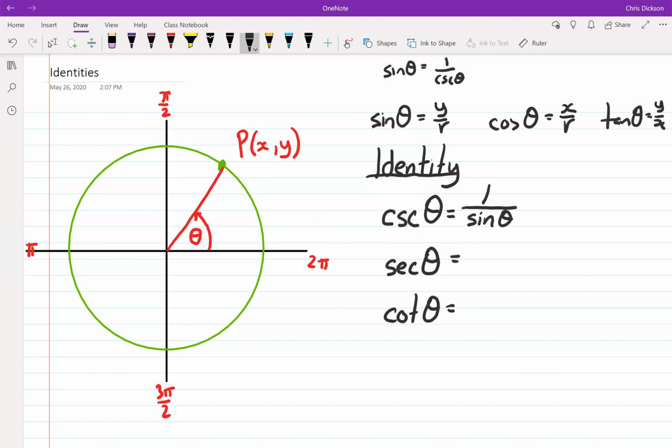Secant of theta is just cosine flipped, so 1 over cosine of theta. And cotangent is 1 over the tangent of theta. Those are 3 identities you already knew before today, but maybe didn't know they were called identities. They're just true statements in math.